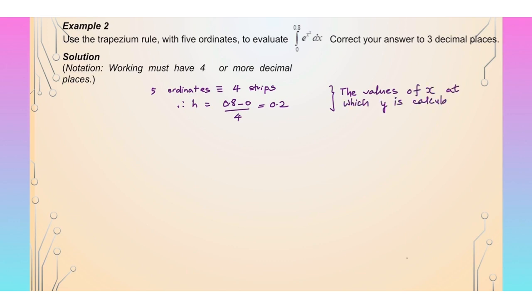The values of x at which y is calculated are 0, because it started from 0, and then plus 0.2 is 0.2, plus 0.2 we have 0.4, plus 0.2 we have 0.6, and plus 0.2 we have 0.8. And the last one must equal the bigger number.